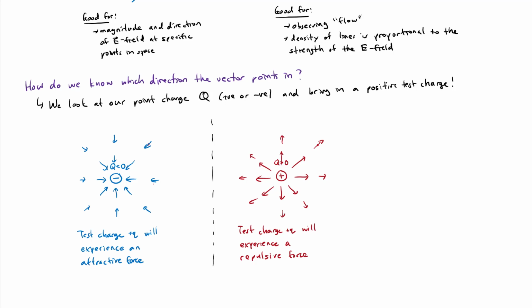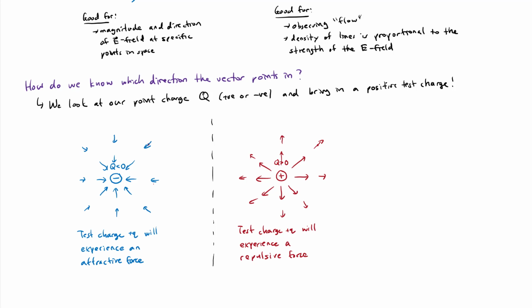So in other words, just by looking at these two drawings, it seems like a negative charge Q acts like a vacuum, like it's sucking in the electric field lines. And then a positive charge Q is radiating outwards. So your electric field radiates out of positive charges and gets sucked in by negative charges.